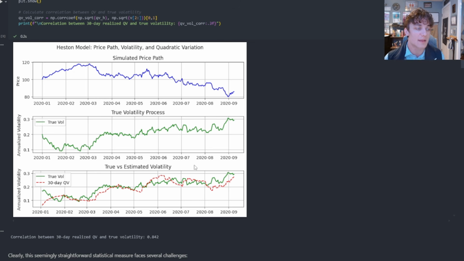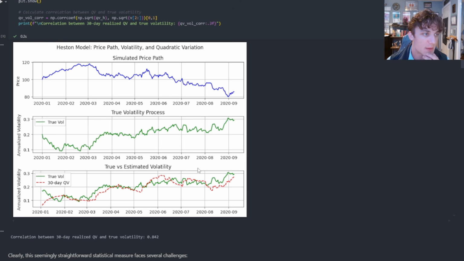However, remember, this is a random variable that evolves over time. This is a very simple measure. We're taking the standard deviation of the previous 30 days of returns. A very simple rolling measure is trying to capture the dynamics of this very complicated, unobservable process. So it's certainly doing a relatively reasonable job.